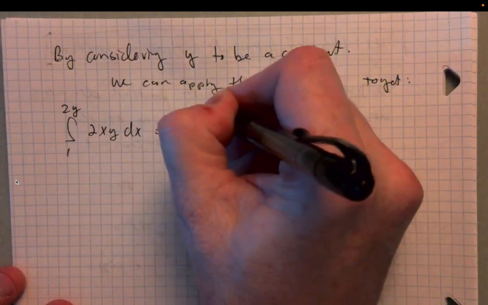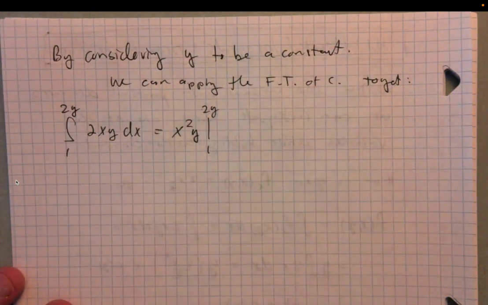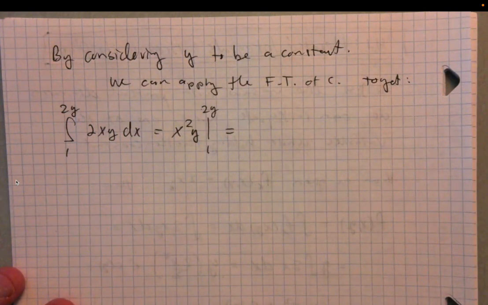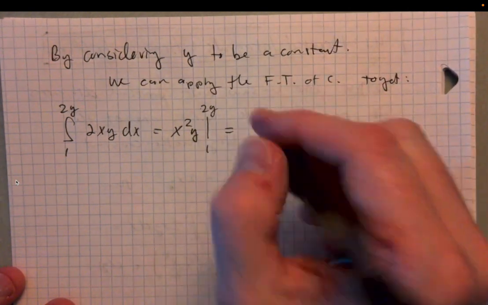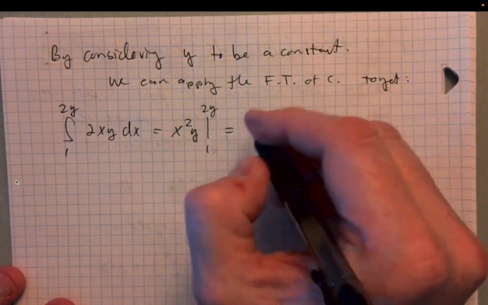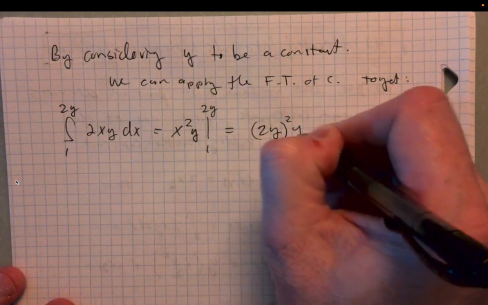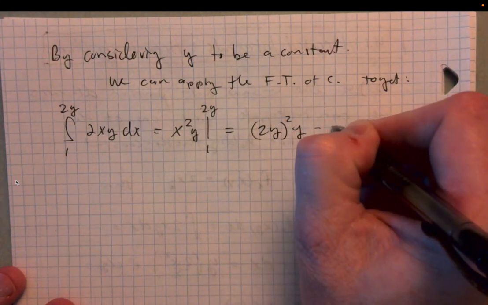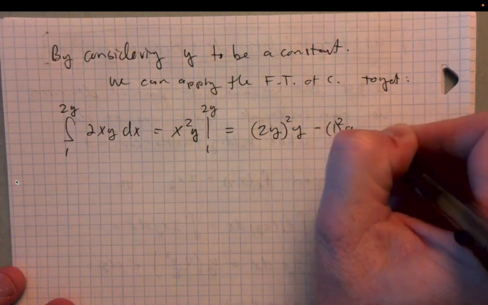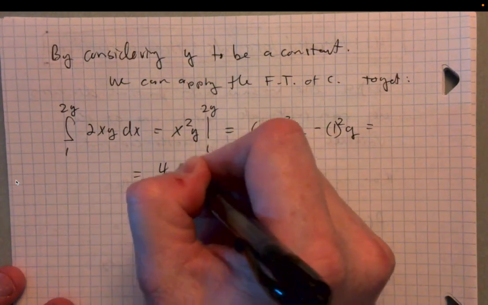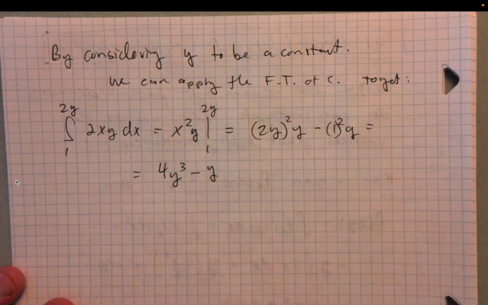Now I've got these strange bounds, which we'll get to what this is all about in a second. But what we can do here is we can get something that looks like this, which is equal to 4y cubed minus y.